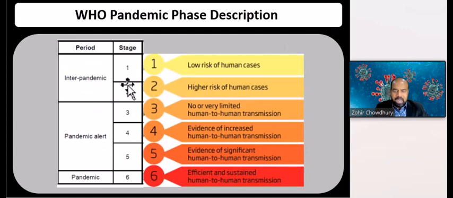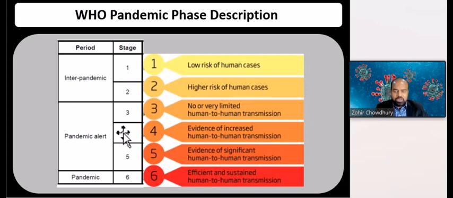Here, we are narrowing down to the stages or phases from 1 to 6. Phases 1 and 2 are known as the interpandemic period. The risk is relatively low, but the risk increases in phase 2, and the goal is to prepare and minimize risk.